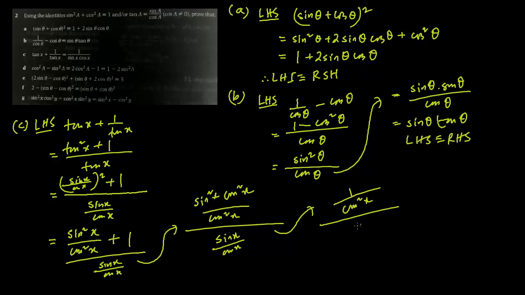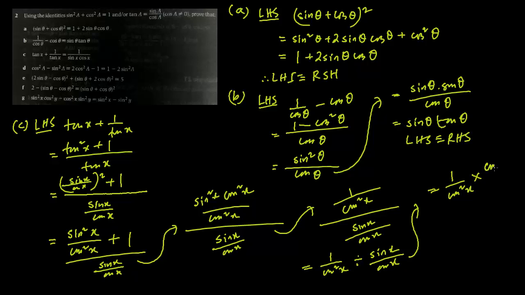Now if we write it as division, it would be 1 by cos squared x divided by sine x by cos x. If we further simplify that, it would be 1 by cos squared x multiplied by cos x by sine x. Now this cos squared x and this cos x cancel off, and we have 1 by sine x cos x.